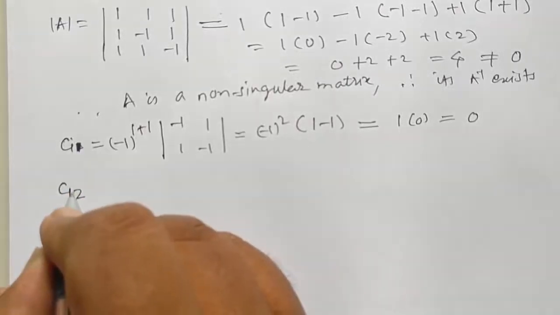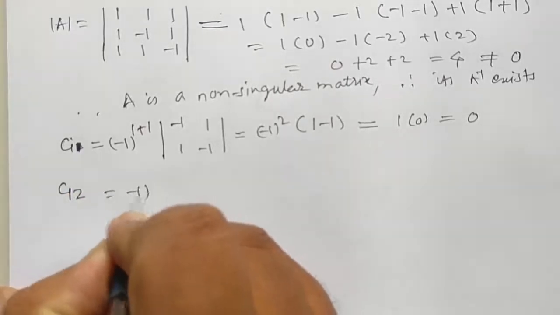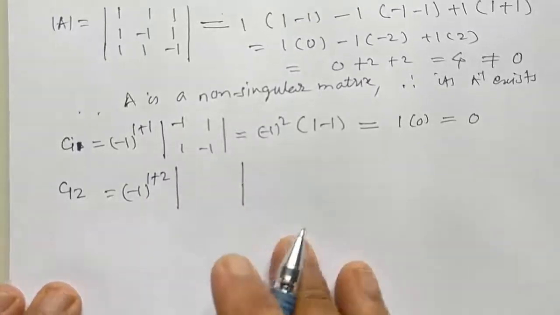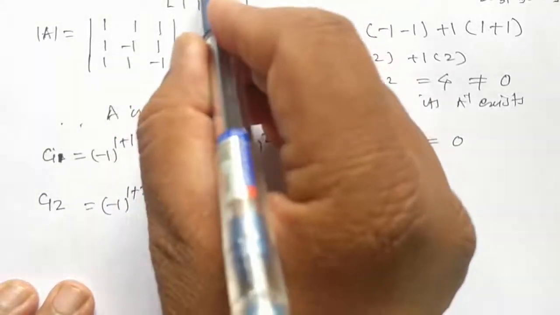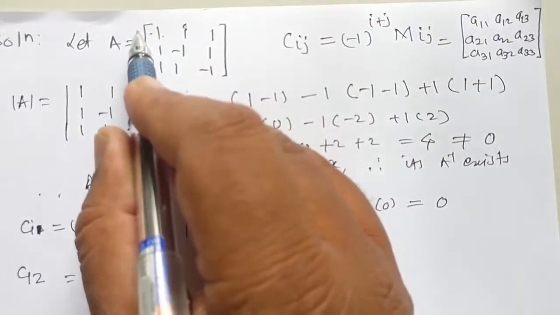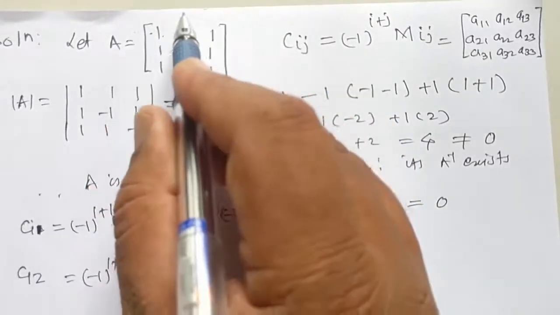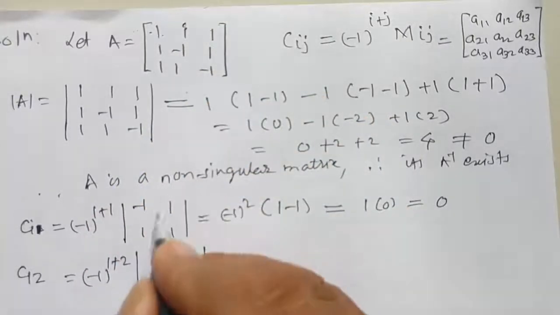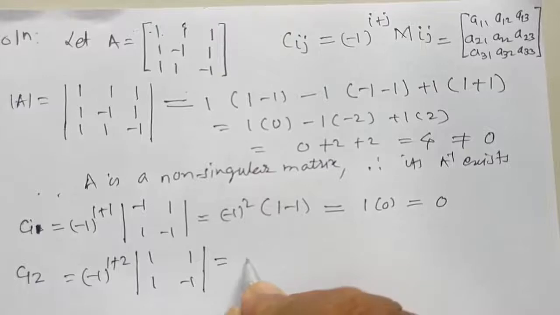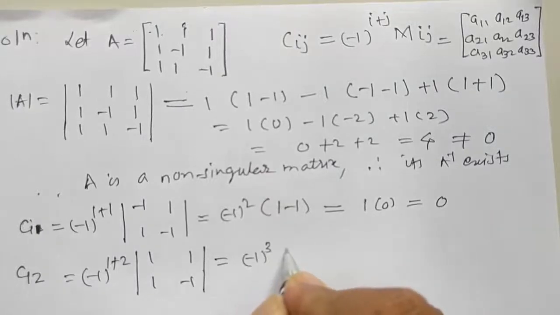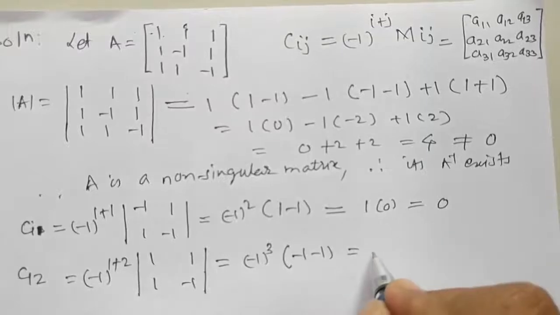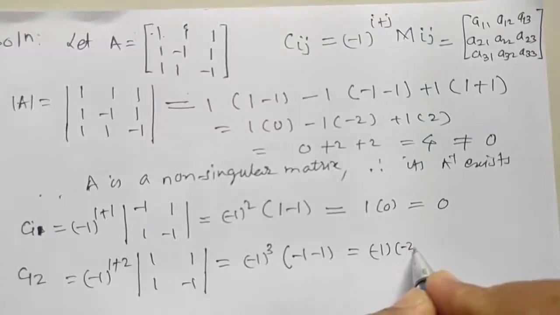C12, minus 1 raised to 1 plus 2 into determinant. Deleting this row and this column, we get 1 1, 1 minus 1, equal to minus 1 raised to 3 into (minus 1 minus 1), that is minus 1 into minus 2.